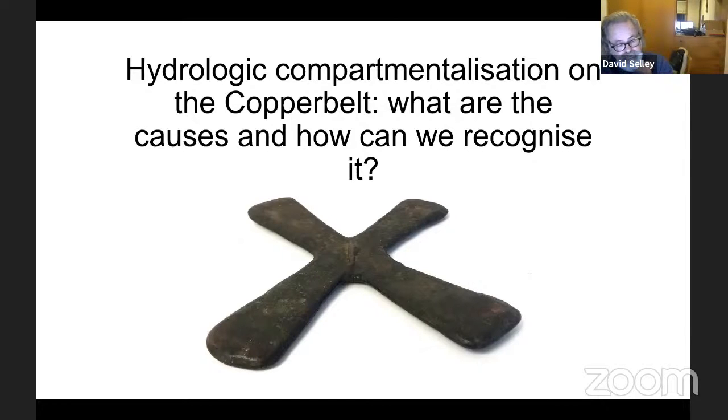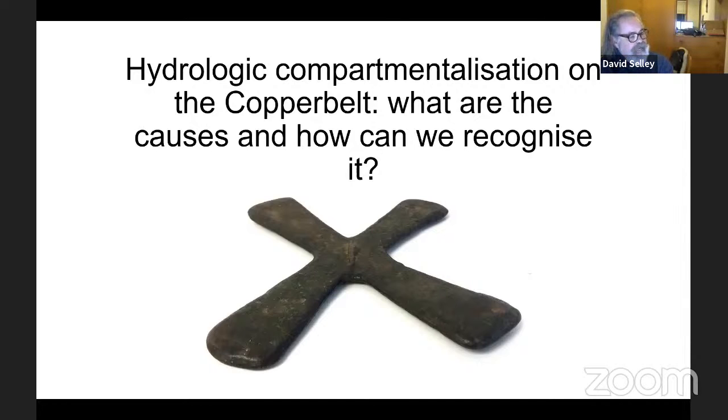Instead, what I'd like to present, mainly in a sort of philosophical approach as opposed to presenting hard data, are some of the aspects of the ore-forming process on the Copperbelt, and applicable to other systems, that keep me awake at night. Specifically, how well do we understand the hydrologic evolution of these systems, because in essence it's this understanding that allows us to build robust and predictive exploration models.